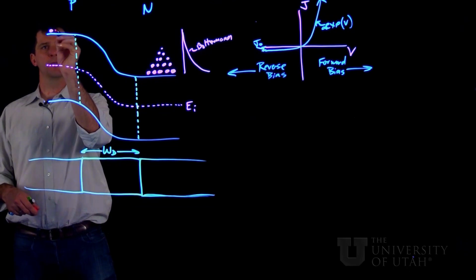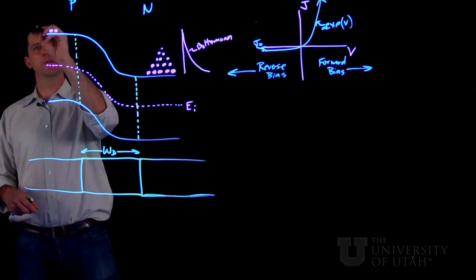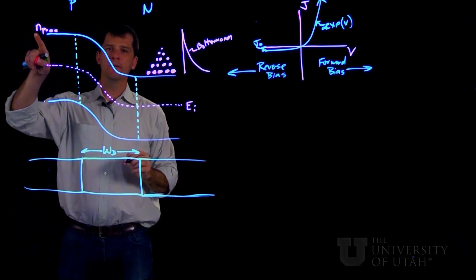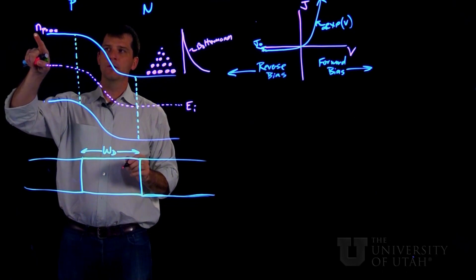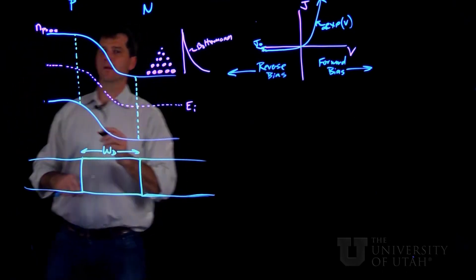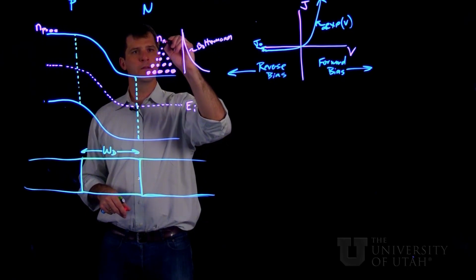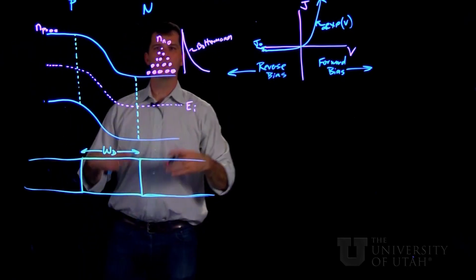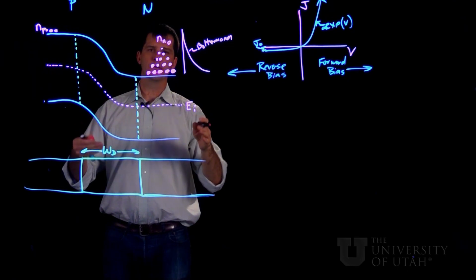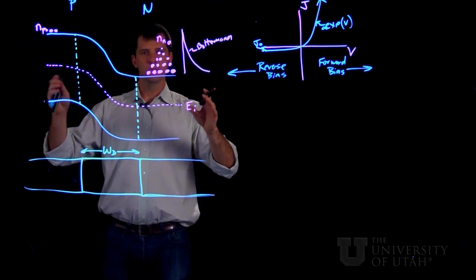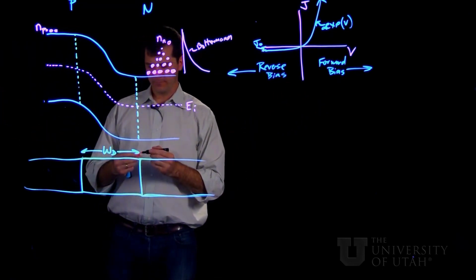On the p-type side, we have a small number of electrons. So we'd call this NP naught. So this is the number of minority electrons on the p-type side. And then this larger number here is N naught, the number of majority electrons on the N-type side of the diode in thermal equilibrium with no voltages applied.